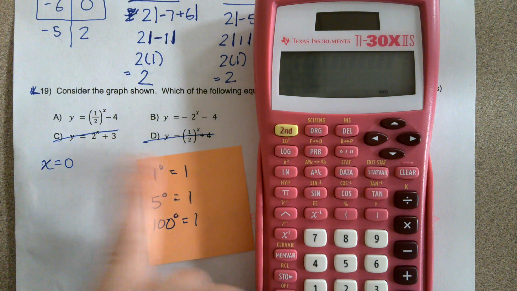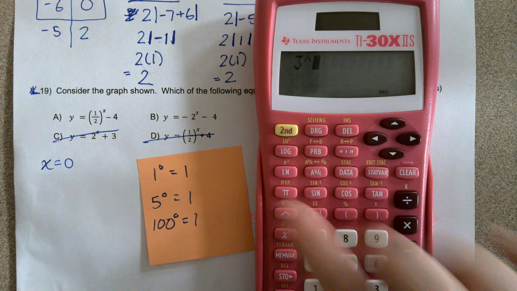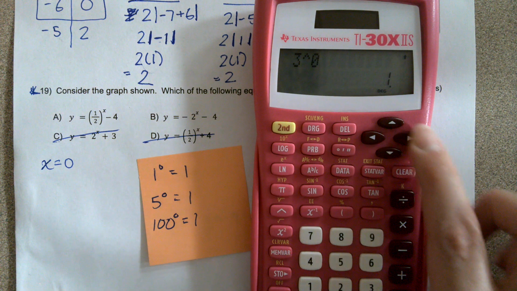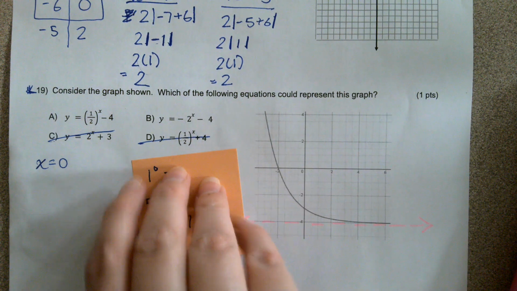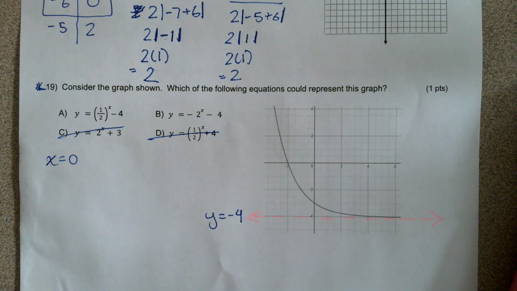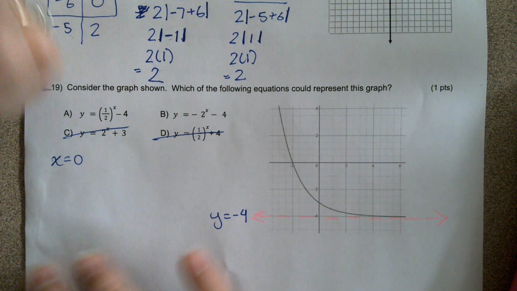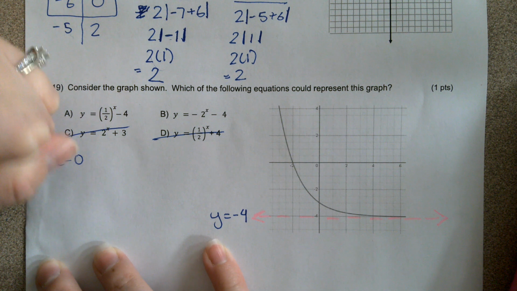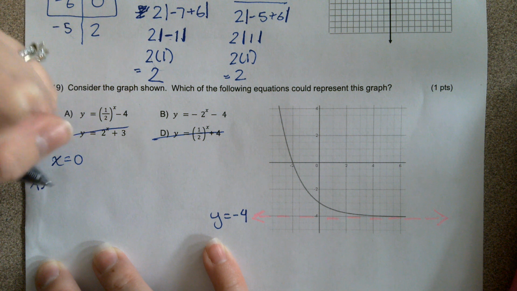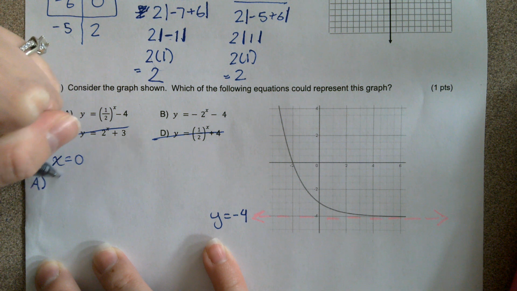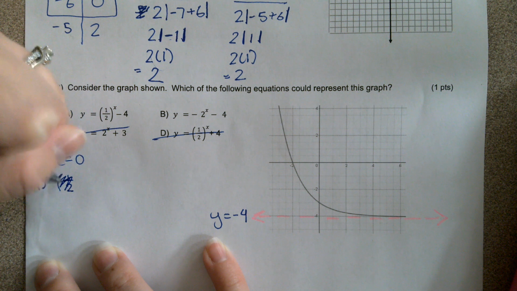So we have, just do 3 to the 0. It's 1. This is the easiest thing to plug into any equation, is 0. So I'm going to plug it into A, see what I get, and then I'll plug it into B and see what I get, and compare. So for equation A, if I plug in 0 for x, and let me do this with y equals.